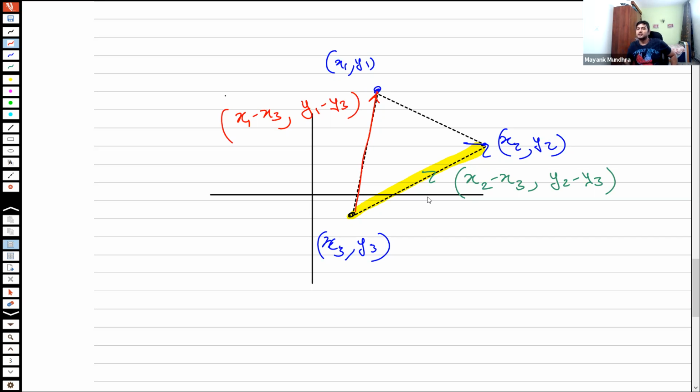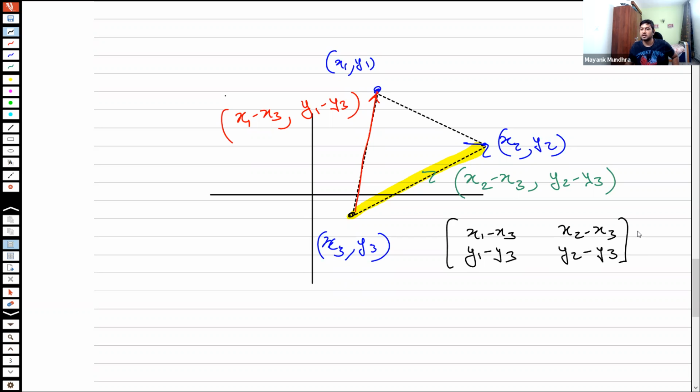And when I take the determinant of these two vectors, basically the determinant of the red and the green vector, so that's going to be determinant x1 minus x3, y1 minus y3, and here, y1 minus y3, and x2 minus x3 and y2 minus y3.